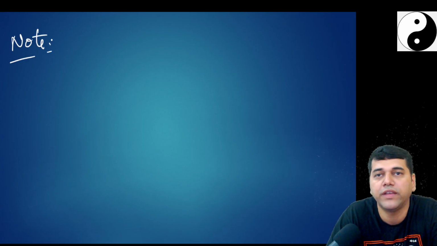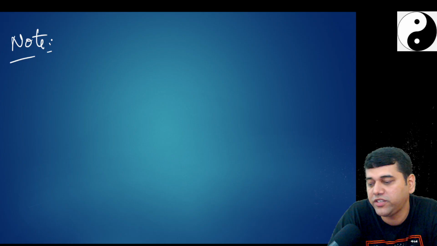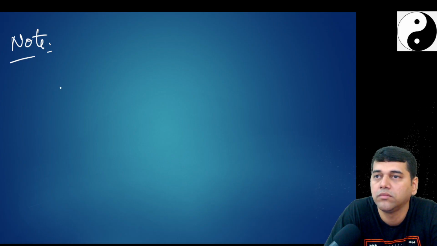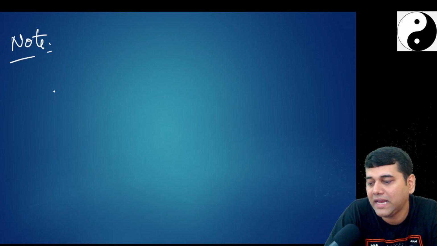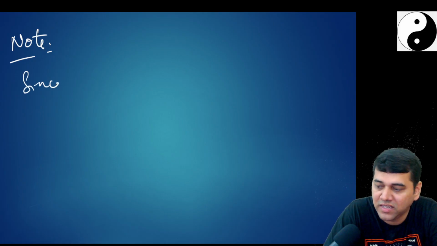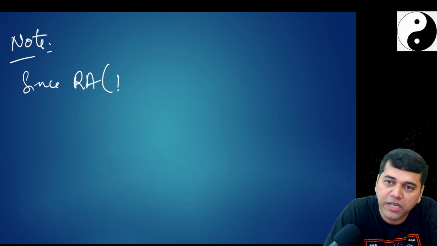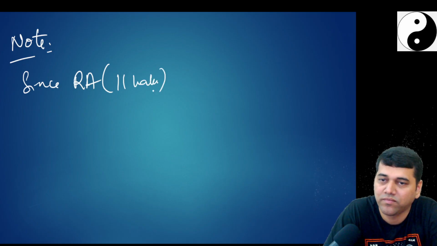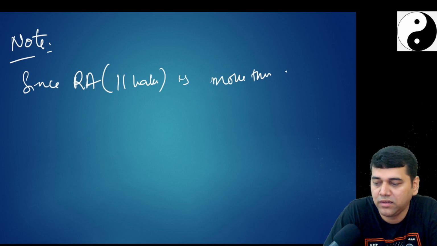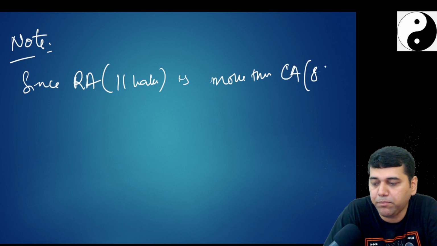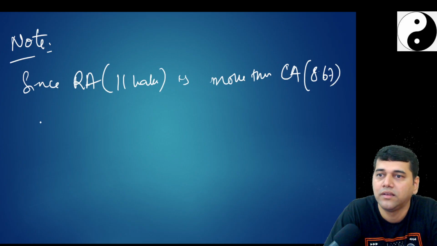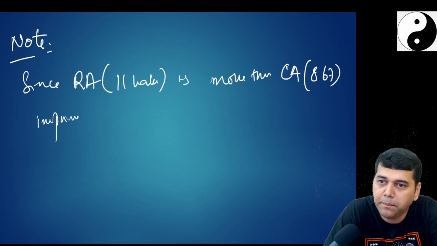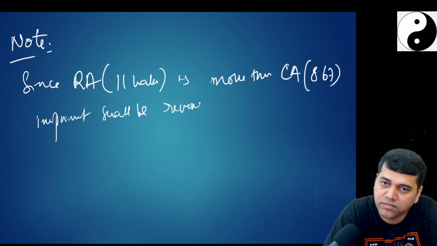See, now we calculated the book value. What is your CGU's book value as a whole? 8,67,000. So since recoverable amount, in bracket 11 lakhs, is more than carrying amount, which is 8.67, impairment shall be reversed.